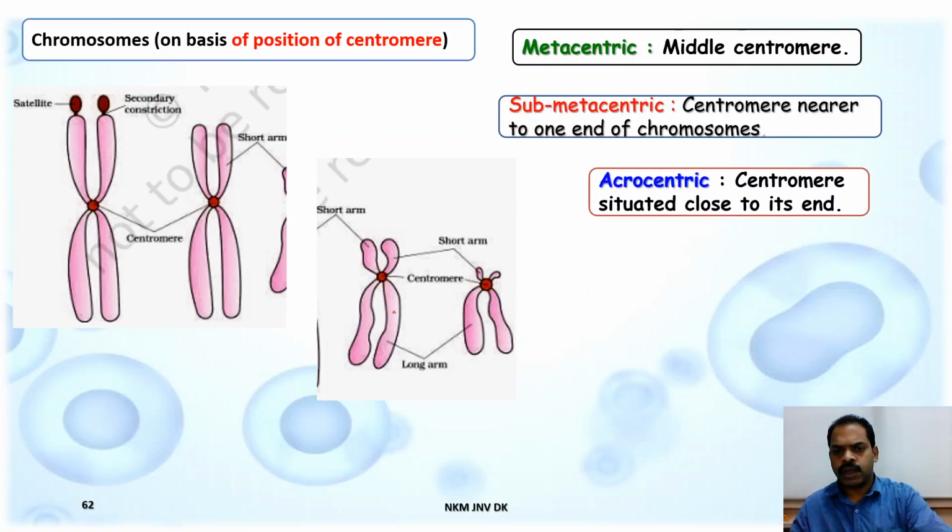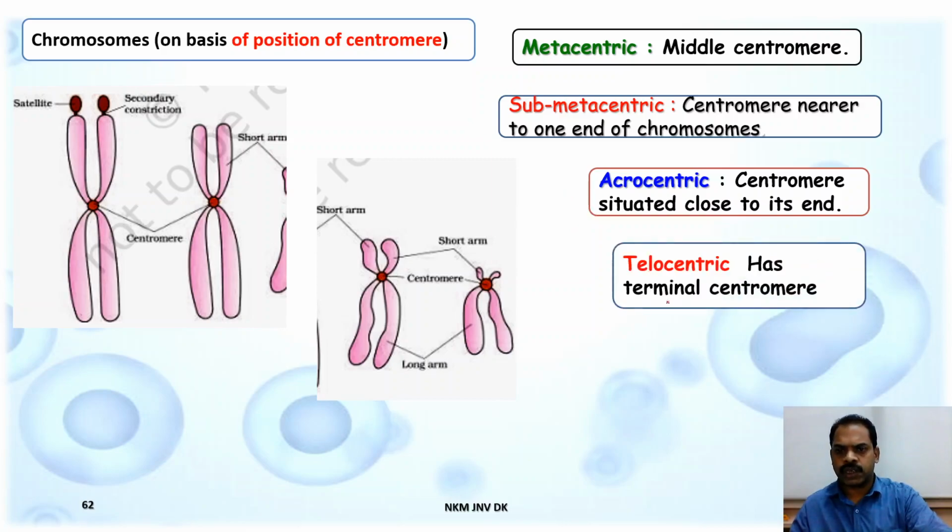One arm is very long, the other arm is very short. Then telocentric: the centromere is almost at the terminal end. So on the basis of the position of the centromere, there are 4 types: metacentric, submetacentric, acrocentric and telocentric.